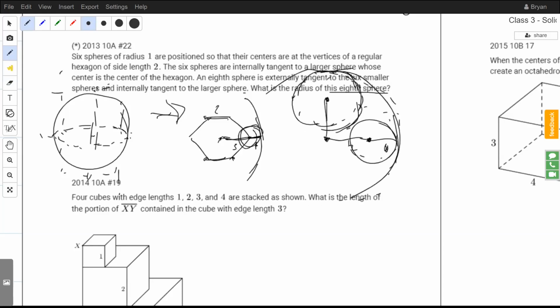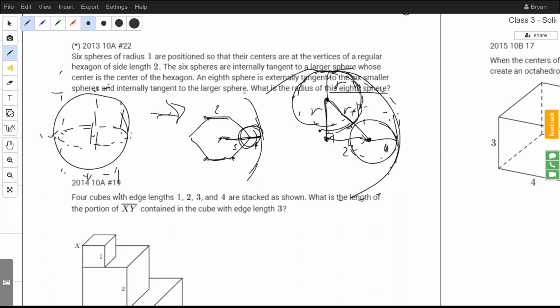We know that this line right here is going to be perpendicular, and we know this because the center of the A-sphere has to be directly above the center of the hexagon, as it is symmetric. Symmetricity is a very powerful tool. So if we let this length be r, we know this entire radius is 3, this length is 2, and we can just connect the centers so that this length is r plus 1.